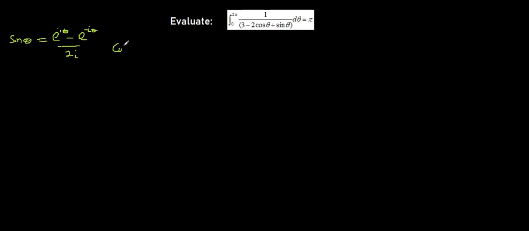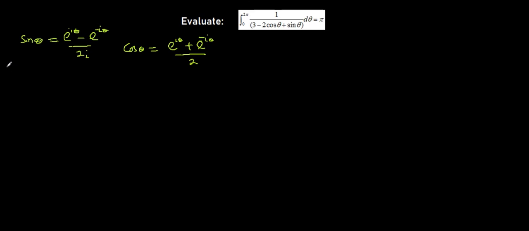Also for cos theta, we have it to be exponential i theta plus exponential minus i theta divided by 2. So we have sine theta to be this and cos theta to be this. Now here let's assume z to be equal to exponential i theta.